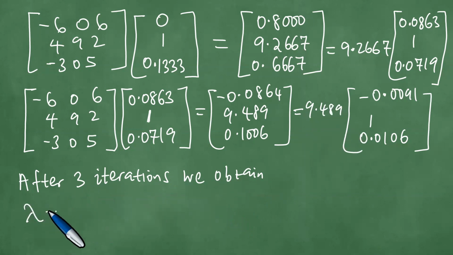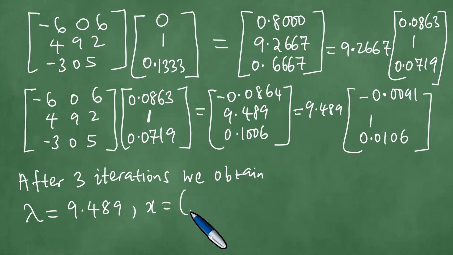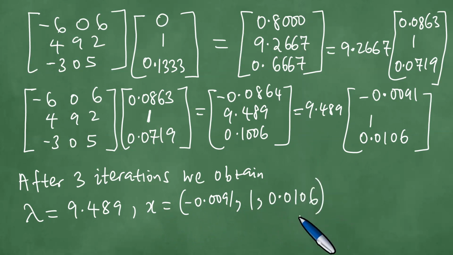So you obtain lambda equals 9.489 x. And you obtain x, the vector, minus 0.0091, 1, 0.0106.